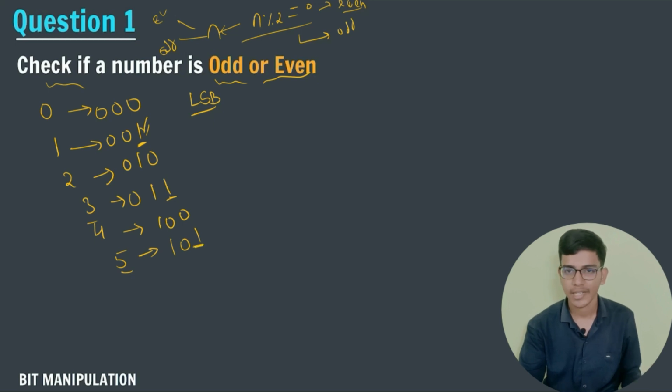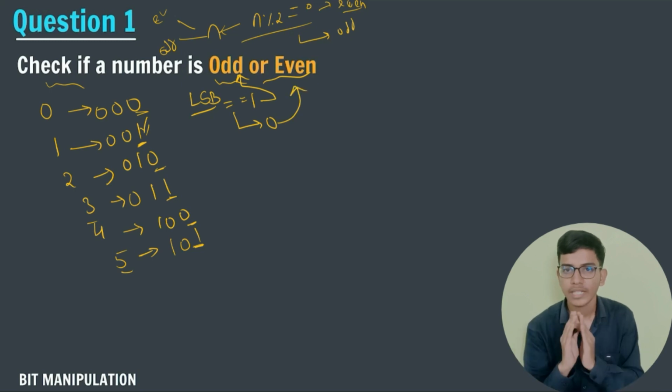So can I write that if my least significant bit is equal to 1, then the given number is an odd number? If it is 0, then the given number is an even number.